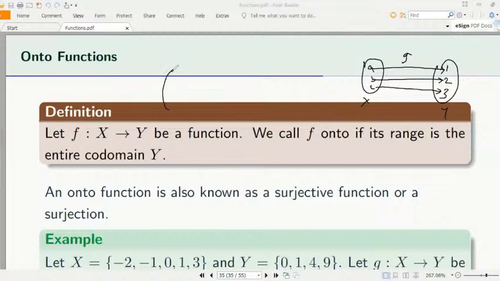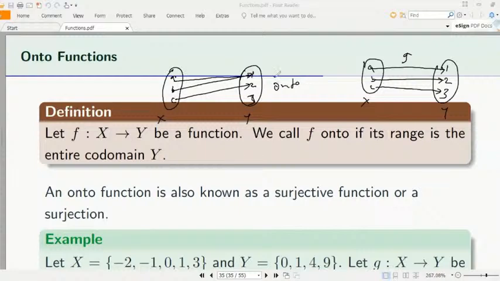This was X, Y, and A, B, C, and 1, 2, 3. This has been assigned to that, this has been assigned to that, and this has been assigned to this. 3 has not been assigned. This is not an onto function.